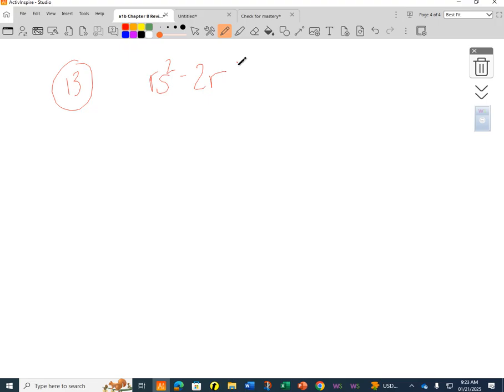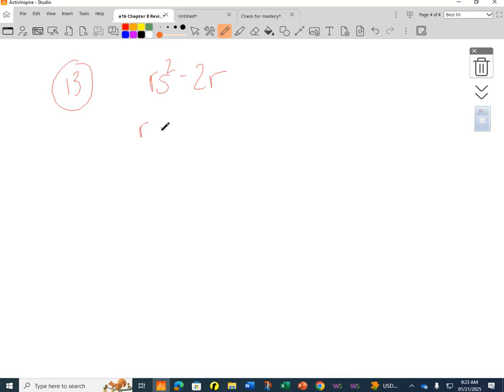Is there a greatest common factor in those 2 terms, Brooklyn? Well, if you look at the numbers, there's not a number in the first term, right? So that's a 1 and that's a 2, so we can't pull anything out numerically. But do you see the same variable in both terms? Yeah. Okay, so that means we should be able to pull an r out. Right, so there's an r in this term and an r in this term. So the greatest common factor is r.